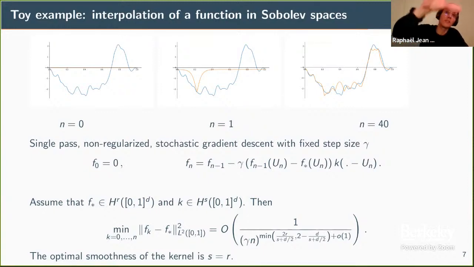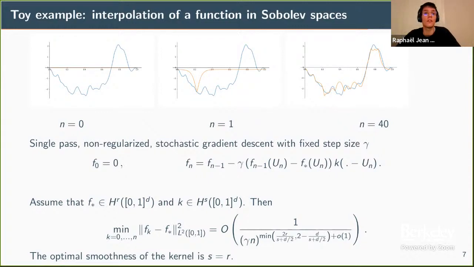I put plots in dimension 1, but you can imagine estimation on the unit cube in general. And then, for instance, you can use these bounds to find the best kernel for SGD, for kernel SGD. So here, the optimal smoothness of the kernel happens to be the one that maximizes the exponent, and it happens to be S equal to R.